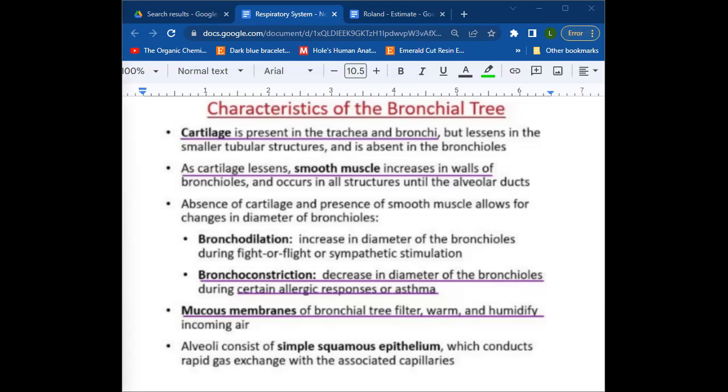For cartilage, as we mentioned, the cartilage is going to be present in the trachea and the bronchi, but by the time you get down into the bronchioles, there's not going to be any cartilage at all, and instead there's just going to be smooth muscle.